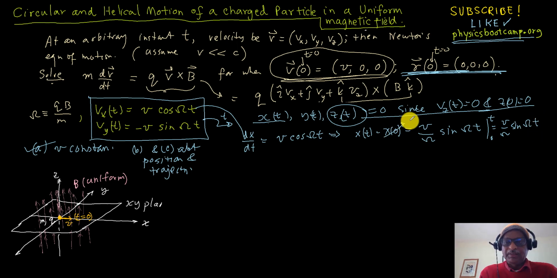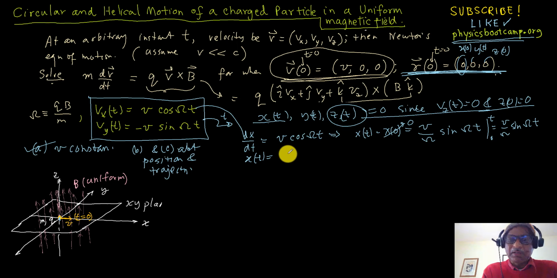And this is 0 because this is x of 0, and this is y of 0, and this is z of 0. That's taken to be at the initial time. It's at the origin of this coordinate system we have picked. So we've got x of t, pretty cool, and that's just v over omega sine omega t.